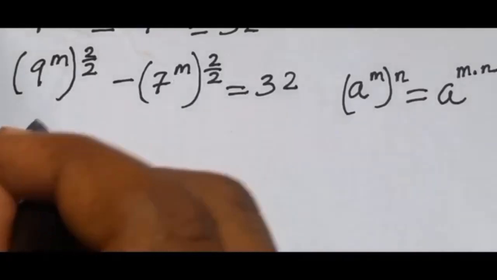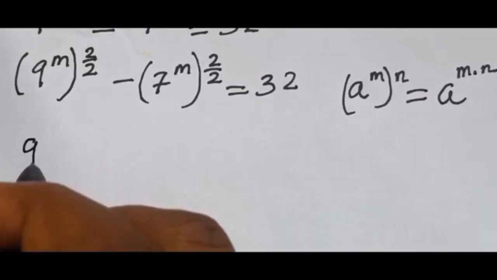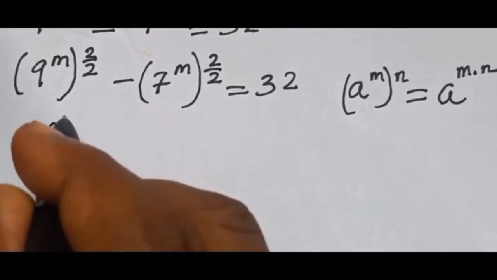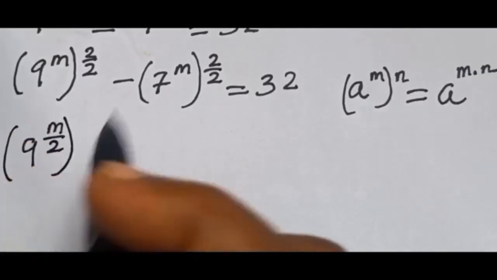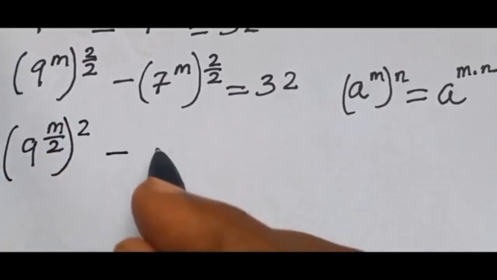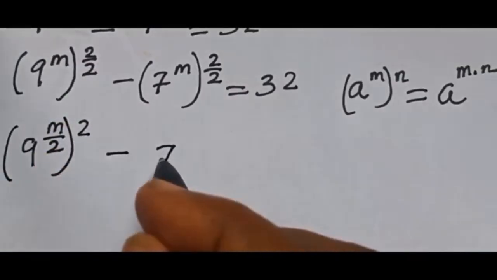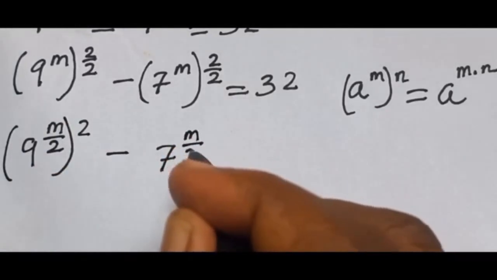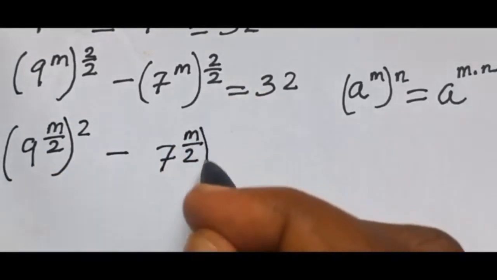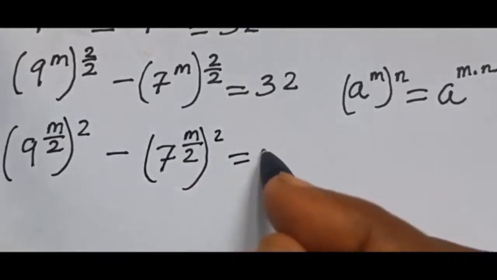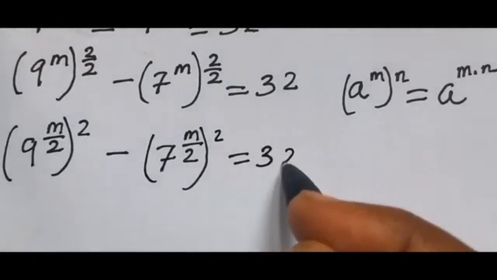This one can be written as 9 raised to m over 2 in the bracket, this 2 remains outside. Minus 7 raised to power m over 2, while this 2 remains outside, equals 32.